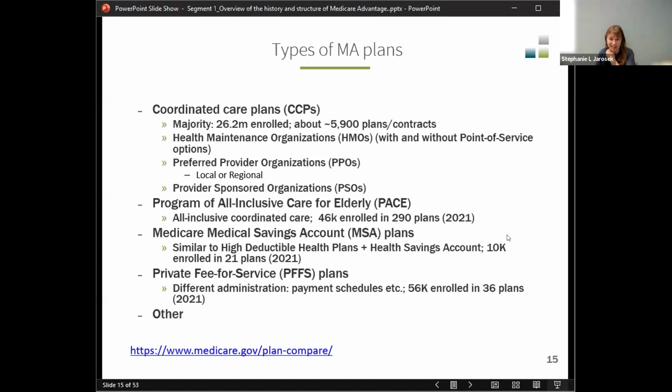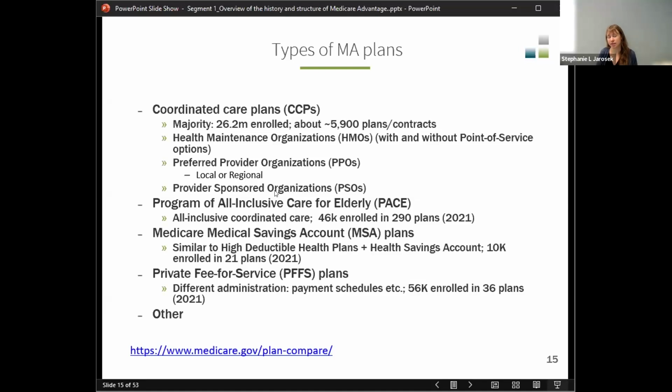Again, not the highest enrollment, but these would be similar to the high deductible health plans that maybe you're offered in your employment. So you have a high deductible health plan and a health savings account that you can use. There are also private fee-for-service plans. They have different types of administration and payment schedules than our Medicare fee-for-service. Again, it's not a lot, but we do have some.